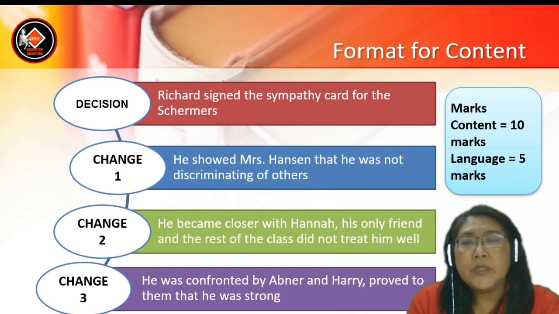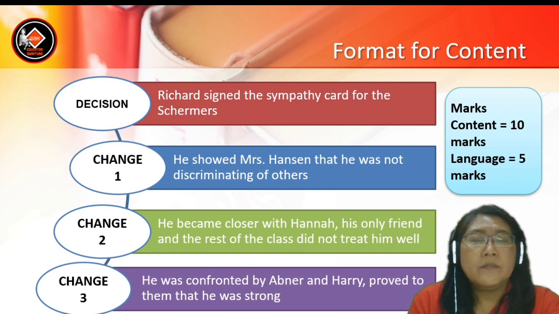Change 2: he became closer with Hannah, his only friend, and the rest of the class did not treat him well. Change number 3: he was confronted by Abner and Harry, and he proved to them that he was strong. The question carries 10 marks for content and 5 marks for language.